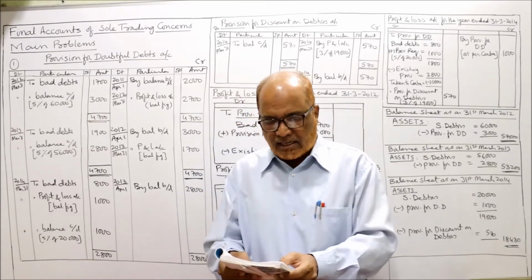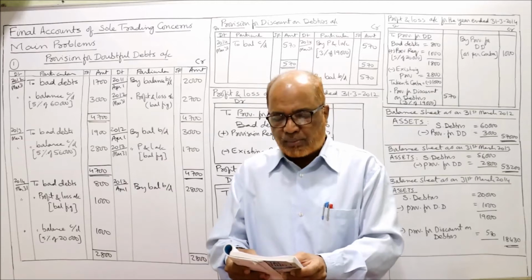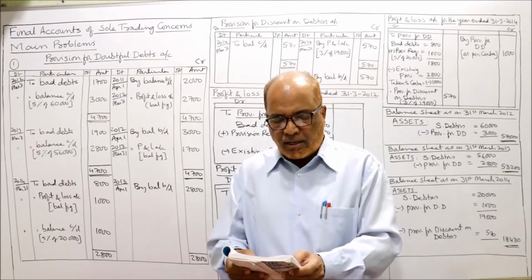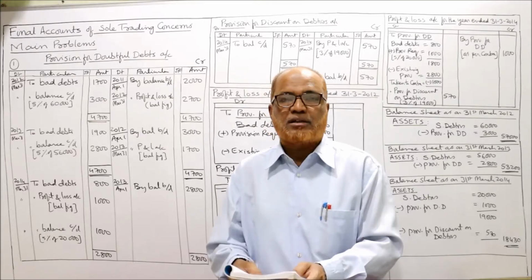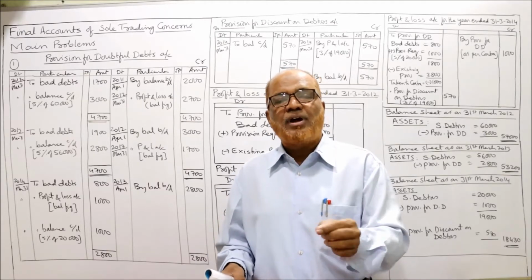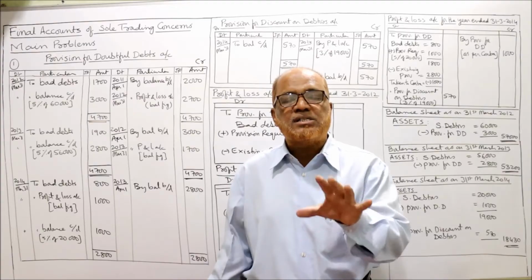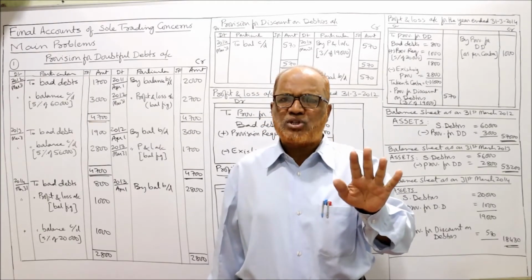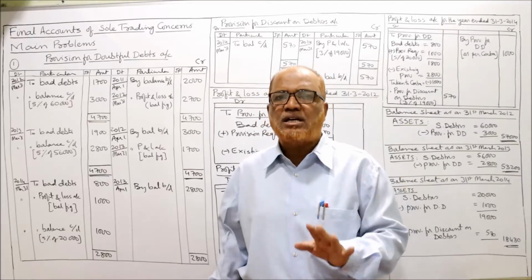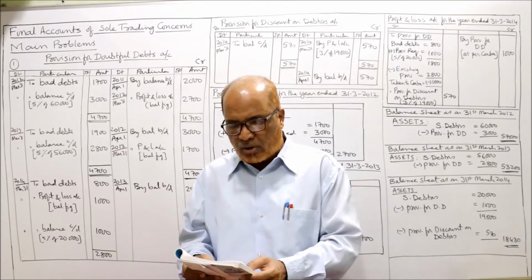So at the end of the year, debtors are 20,000, on which 5% provision for doubtful debts and 3% provision for discount on debtors is to be maintained. So in the last year, we have to make a provision for discount on debtors also. In the first 2 years, no provision for discount on debtors. In the last year, we have to make provision for discount on debtors.